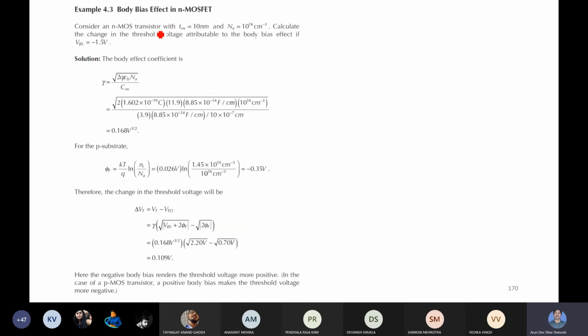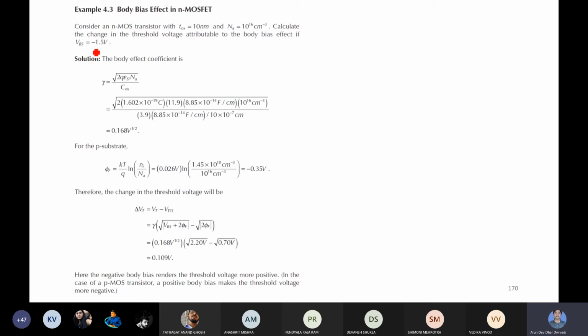Let us consider an n-MOS transistor with Tox equal to 10 nanometer and Na equal to 10^16 per centimeter cube. Na means a p type substrate you are taking, and you want to form an n channel MOSFET. Calculate the change in threshold voltage attributed to the body bias effect.